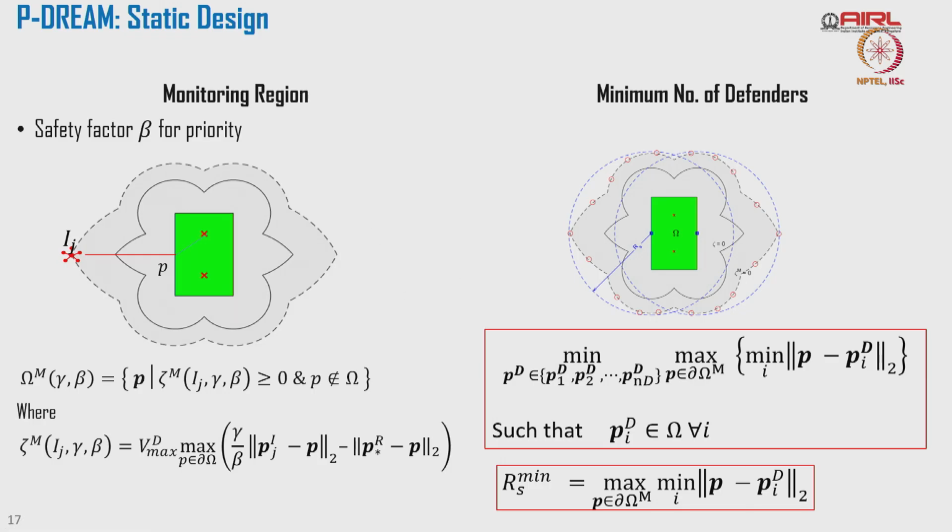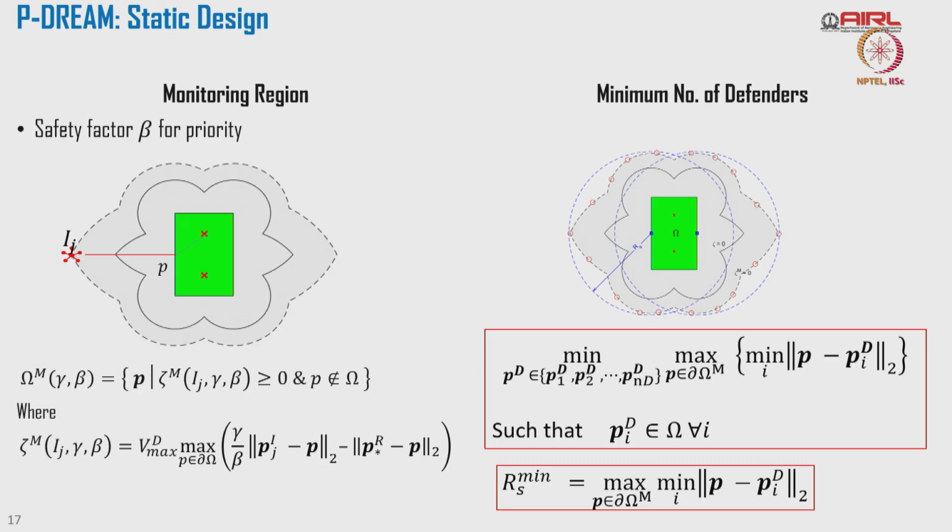Then I need to monitor. Which region should I monitor? Definitely I need to monitor the priority region, right. Minimum I need to monitor that. Beyond the priority region, I need to monitor a certain distance to make sure that if anybody enters that particular region, I will start tracking, right. That is the thing we are talking of.